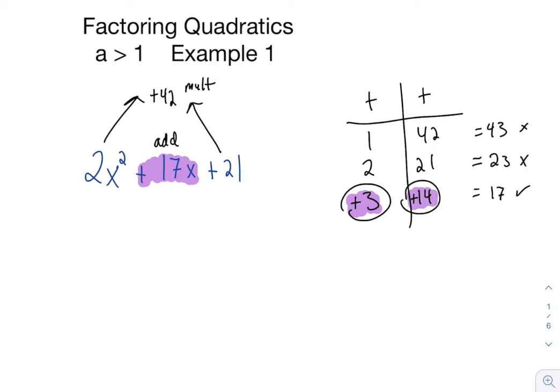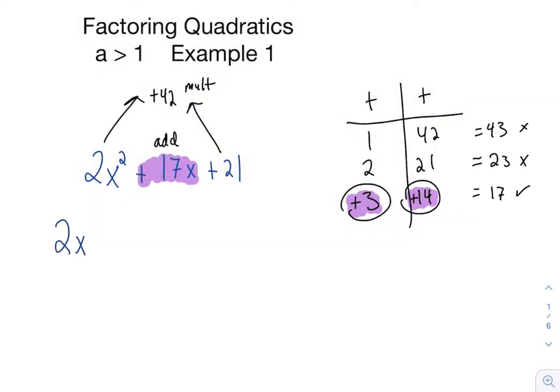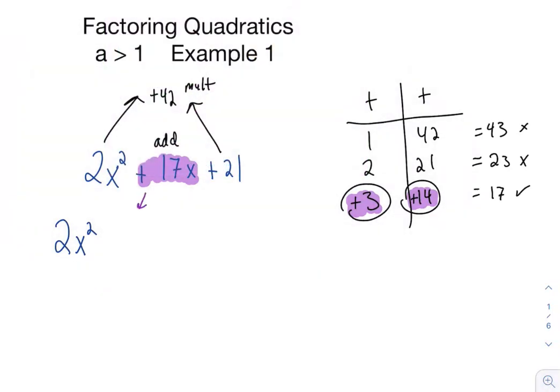And so I'm going to take that middle term and turn it into the two numbers I just found. Now, the first term's not going to change, but this middle term is going to split into those two numbers, plus 3x plus 14x, and then the plus 21 doesn't change. Now, it does not matter what order you put the 3 and 14.